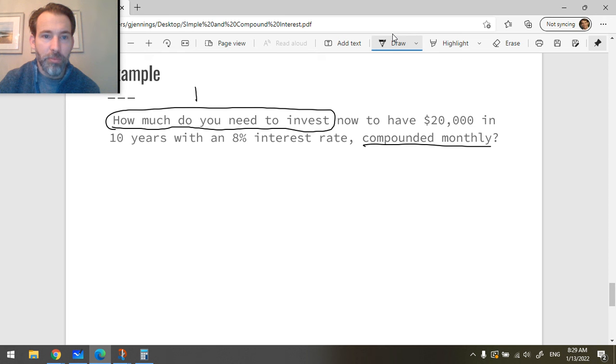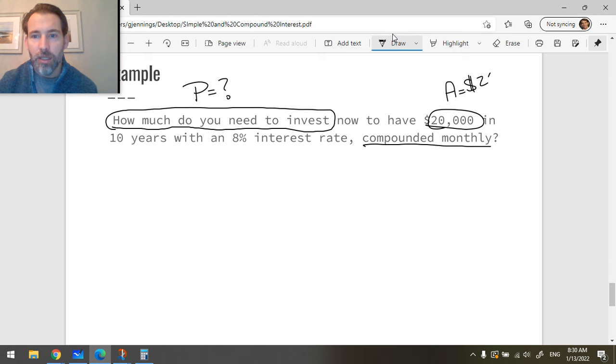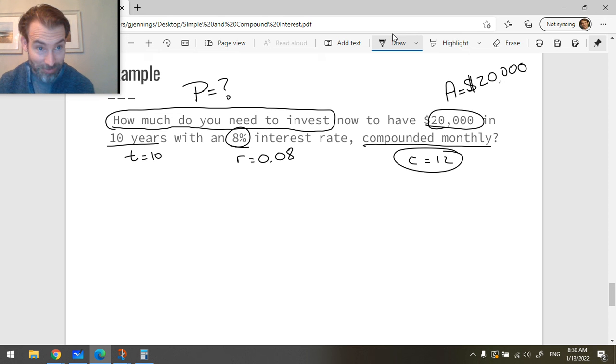So we are basically being asked, what is the principal required to have this amount in 10 years? T is 10, the rate of 8% is equal to 0.08 now, and C is equal to 12. We're compounding monthly, so we want a C of 12.